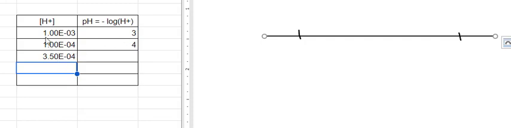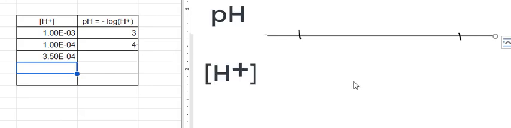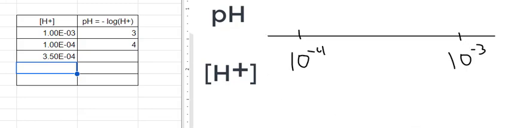Well, what if you have an H plus value that is in between 1 times 10 to the minus 3 and 1 times 10 to the minus 4th? Well, your pH value is going to be somewhere between 3 and 4. And having a number line may help you see that a little bit better. So here's a number line.